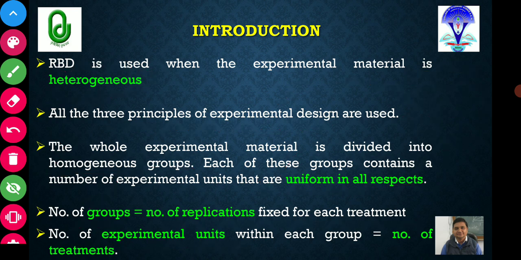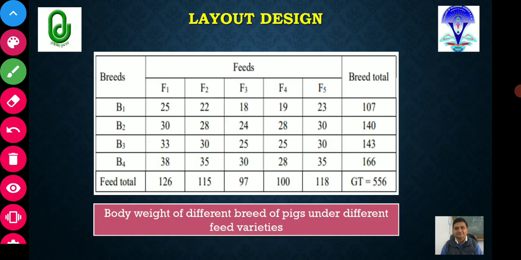Just see this example. Here we have four breeds of pigs, and we had to test 5 different kinds of feed: F1, F2, F3, F4 and F5.